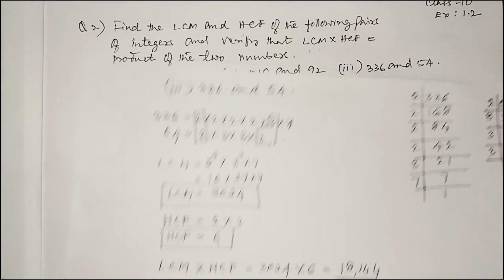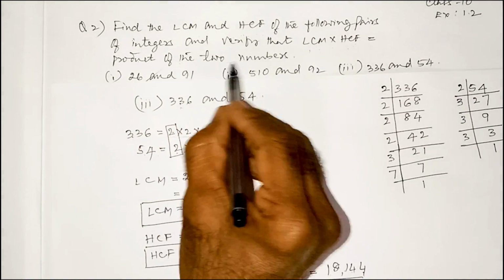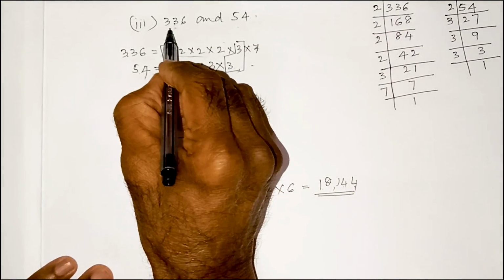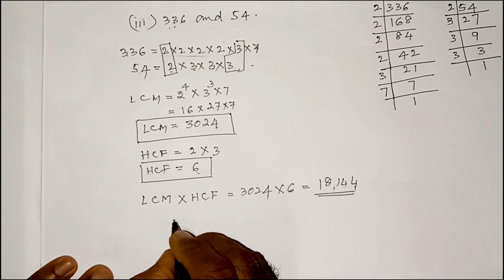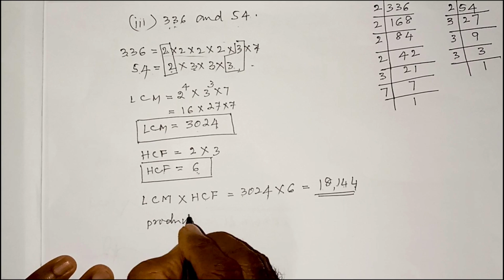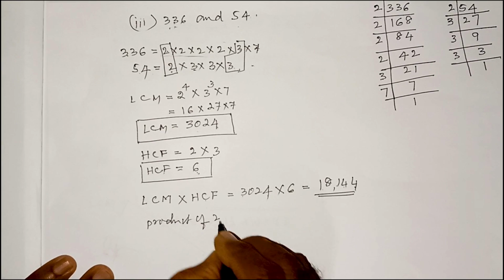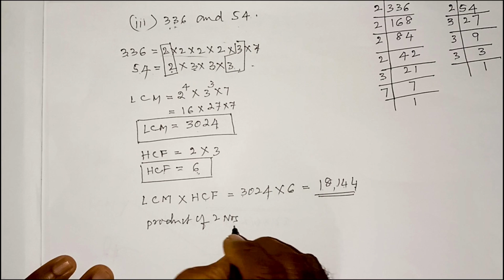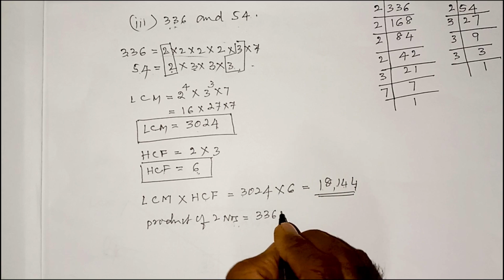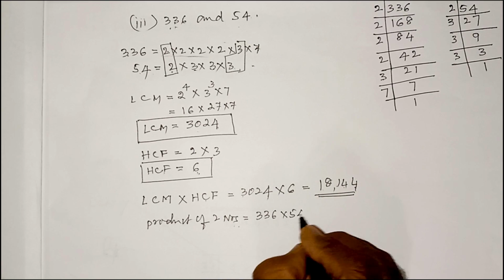Now the question says product of the two numbers. Which are those two numbers? 336 and 54. So the product of two numbers is equal to 336 into 54.